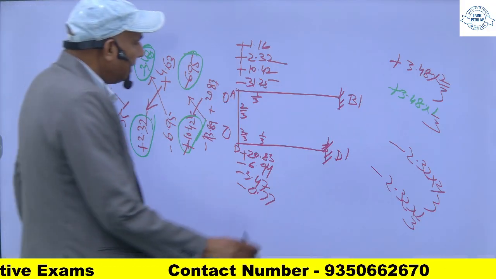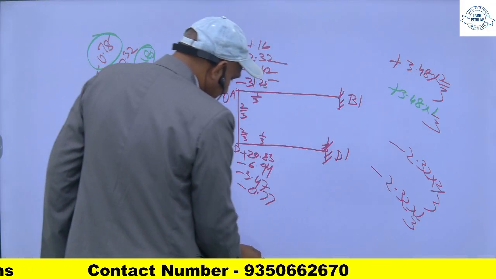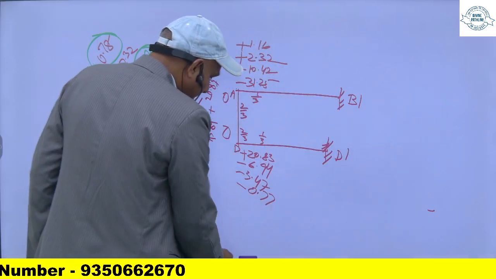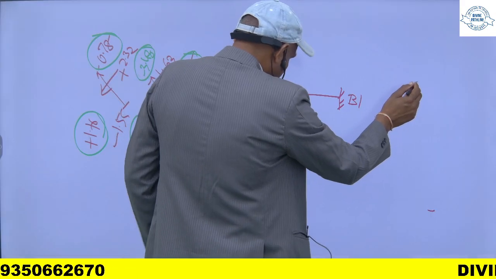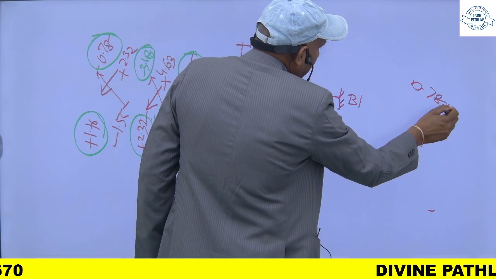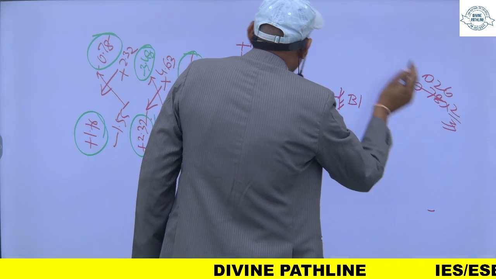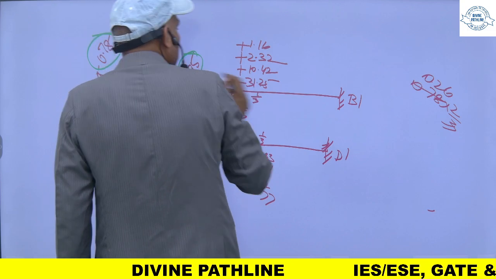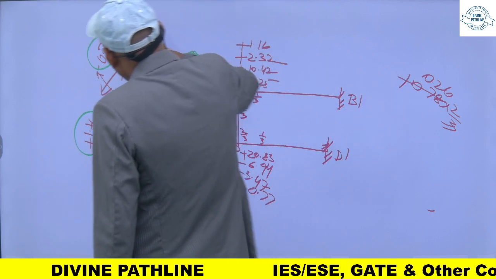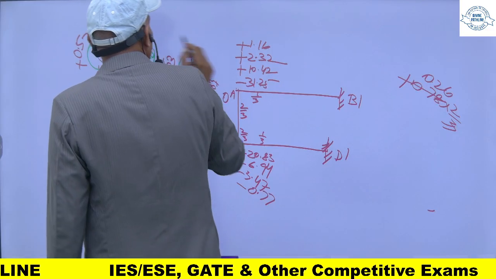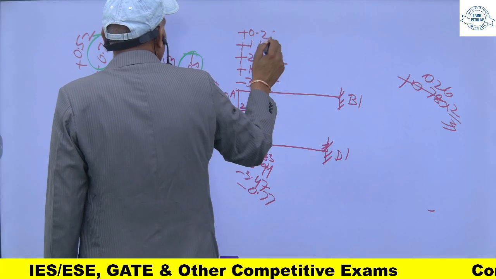So 0.78 into 2 by 3, it will be 0.52 and this will be plus 0.26.